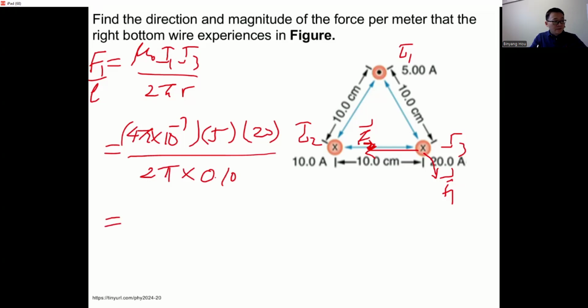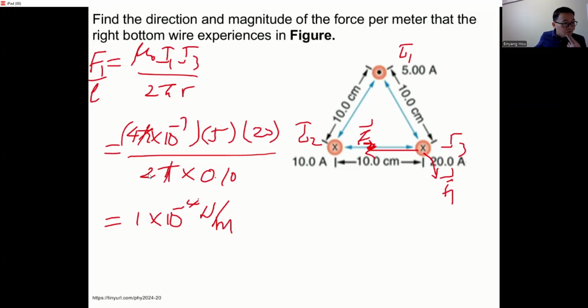So for that, F1 over L is going to have a magnitude of 1 times 10 to the -4 newtons per meter. Then there's cancellation, pi and pi, and 5 times 20 is 100, and 4 divided by 2 is 2.